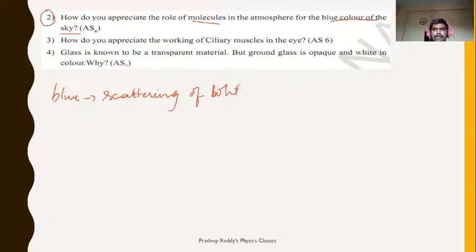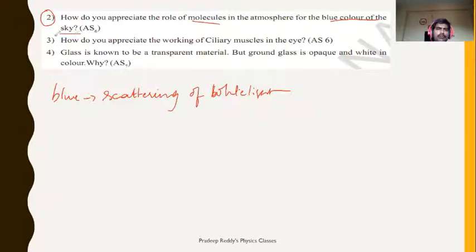Scattering of white light, right? So when molecules absorb light energy, they absorb and also re-emit the same blue light in all possible directions. That is the reason why the sky appears blue for us. So that is how you can appreciate the role of the molecules in the presence of the blue color of the sky.